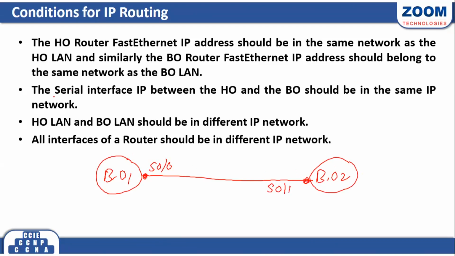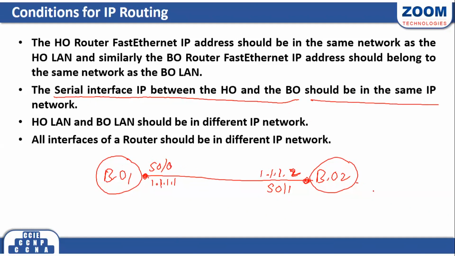For the second point, the serial interface IPs between head office and branch office should be in the same IP network. If you assign 1.1.1.1 as the IP address at one end, the other end should be in the same network, like 1.1.1.2. That is the condition. The connection is back to back, so one end and the other end should be in the same network.